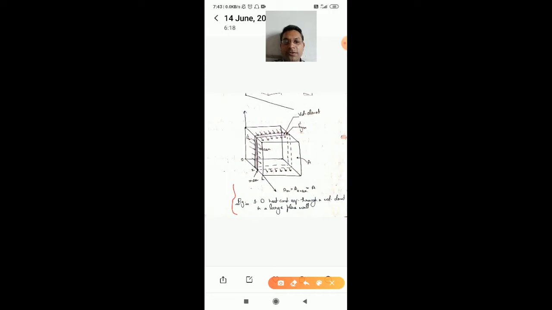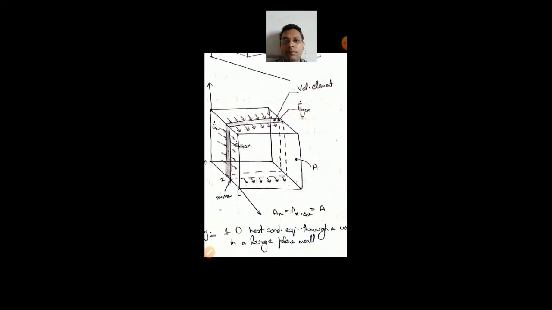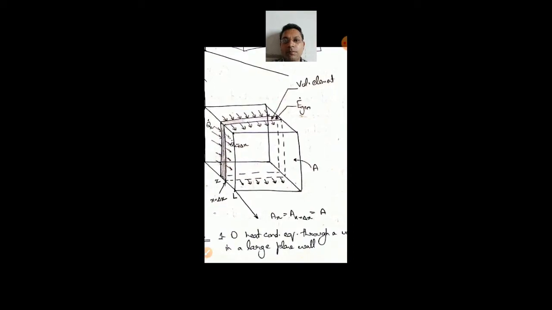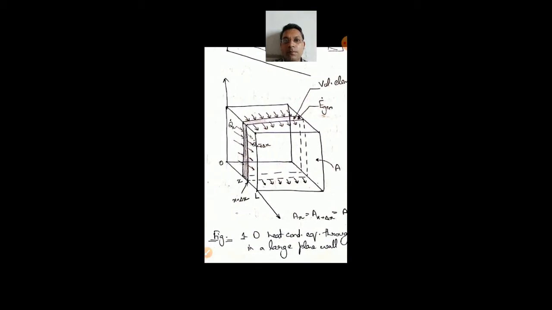Just look at this diagram, and I request you to draw it in your copy, because this diagram will be referred to many times during the derivation. I am giving you a moment. Now hopefully you have drawn the diagram.